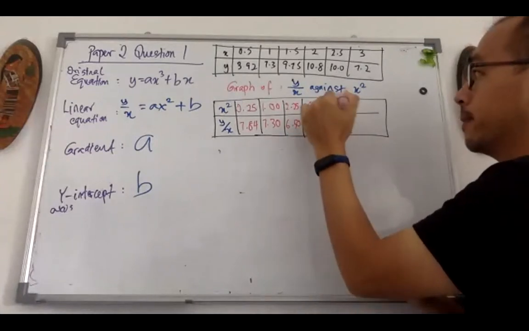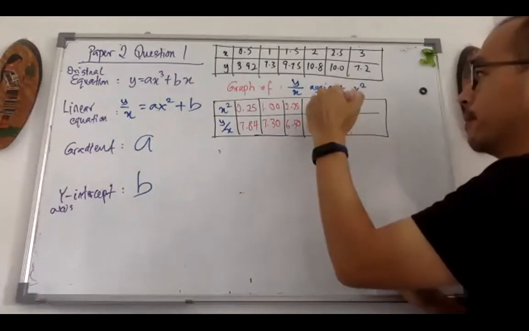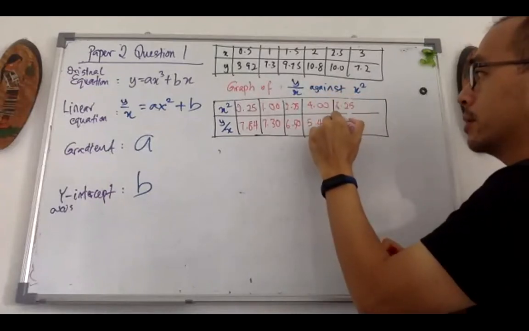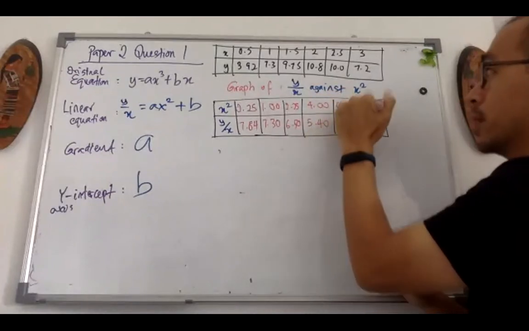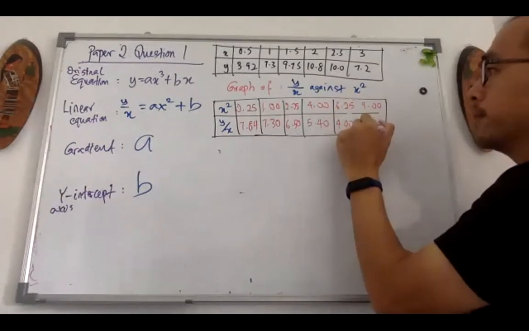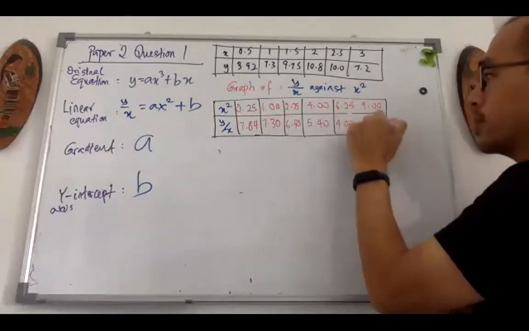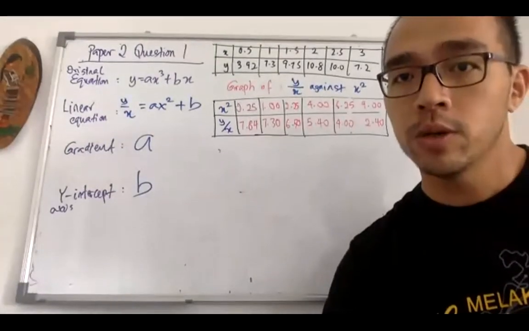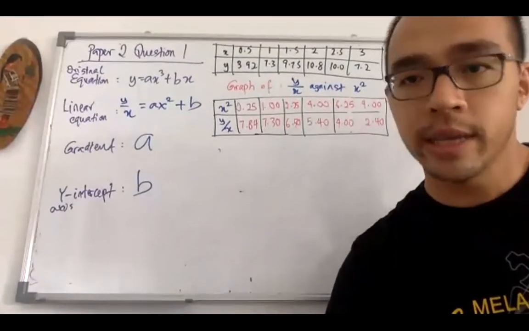All right. 6.25. Then 4.00. Last one, 9.00. 2.40. All right. Everybody okay with that? Everyone okay? Thanks, Kelly.